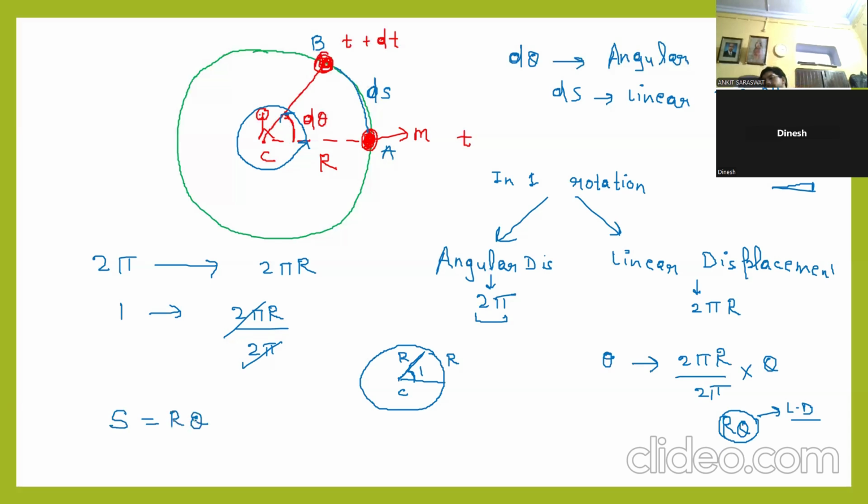Up to this, any doubt? Tell me. Sir, can you please explain the r theta again? See, in 2 pi radian, how much distance does it travel? 2 pi r.